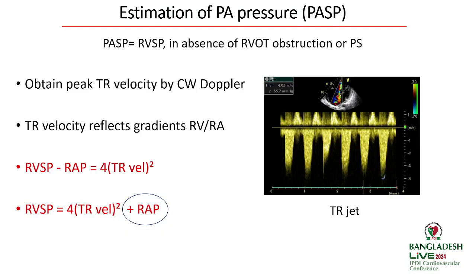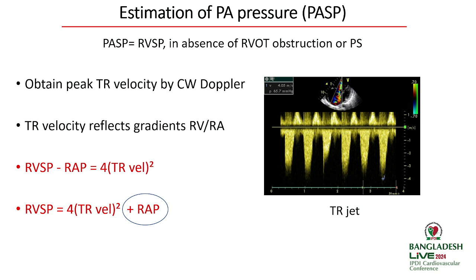And last of all, just estimation of the pulmonary artery pressure. We can estimate the pulmonary artery pressure by a very good tricuspid regurgitation jet velocity. So, in a view in which we can take a very good tricuspid regurgitation jet, we should calculate from there. And which is the basis?